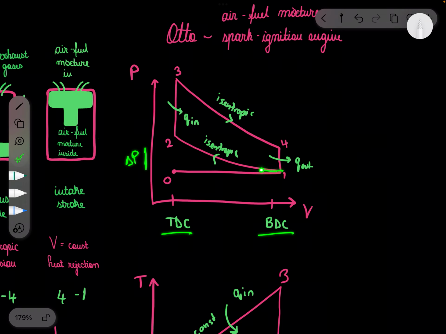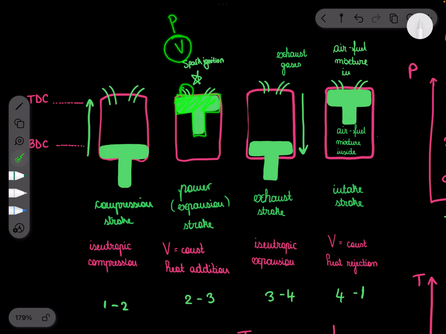Next up, from 2 to 3. From 2 to 3, we have spark ignition. So, what happens to P and V? V depends on the piston cylinder. Our piston cylinder is not going to move anywhere. It's going to stay there. And our intake valve and exhaust valve, imagine they're closed, so just neglect them for now.